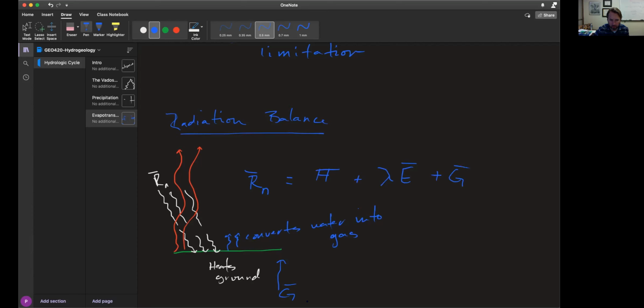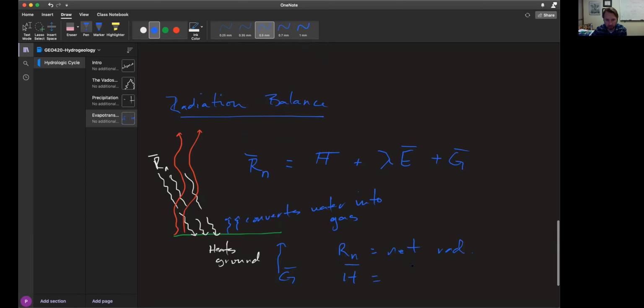So Rn is the net radiation. H is the sensible heat flux, H with a bar over it.